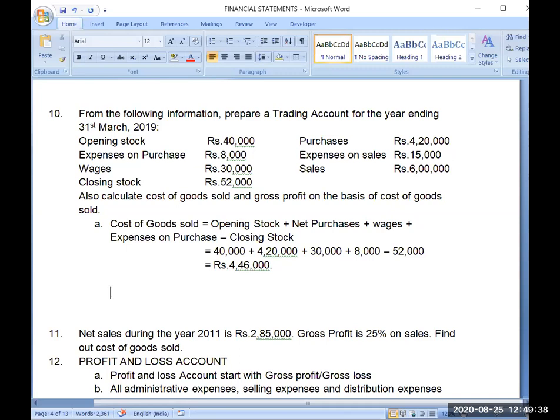Okay, now next thing is net sales. I need to calculate net sales is equal to sales minus sales return.